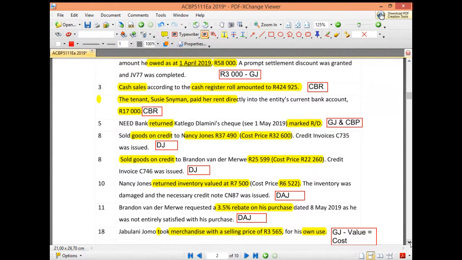Then if we move on to the 10th. Now Nancy Jones returned some of, yes. What, to the Excel file? Okay, what do you want to, the 25,590 and 909? What amounts are you looking at? 260. Which amount? This one.